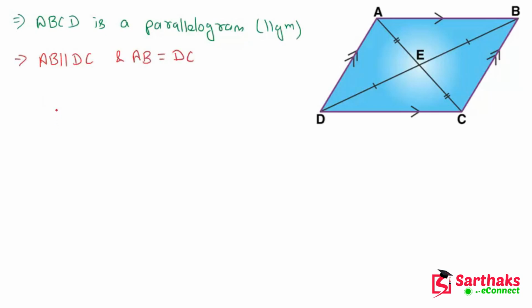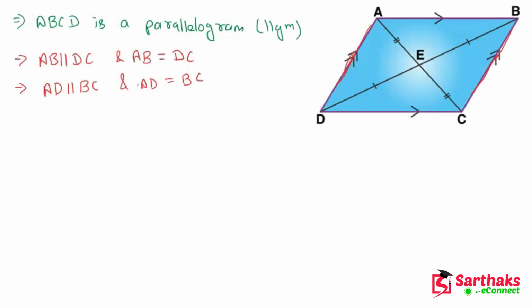Similarly, AD is parallel to BC, meaning this side is parallel to this side, and AD is equal to BC.